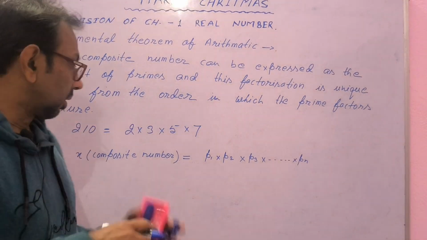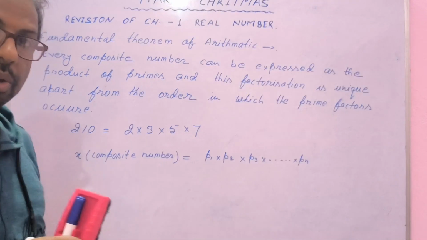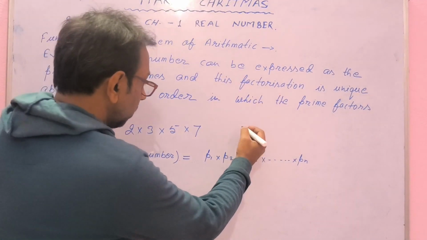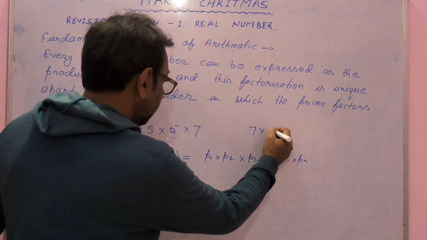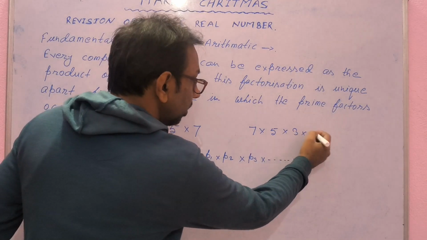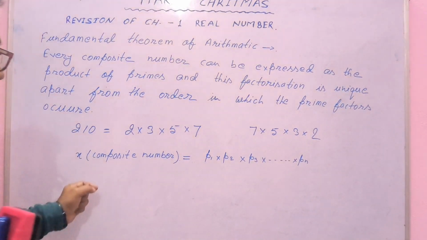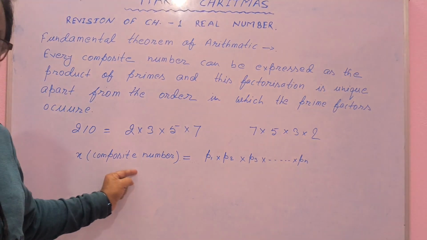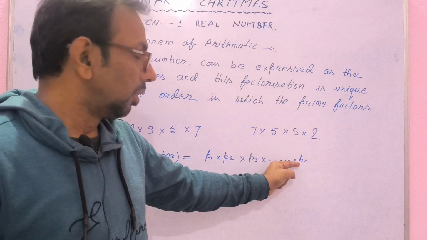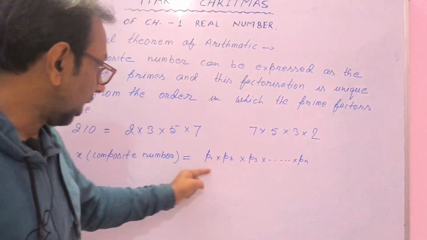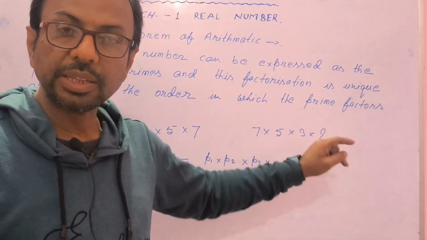These are the prime numbers written in ascending order. We can change the order; suppose we want to write these prime factors as 7 into 5 into 3 into 2. We can write this. So if x is any composite number, then p1, p2, p3, up to pn are the prime factors of x, and all these prime factors should be written in ascending order.